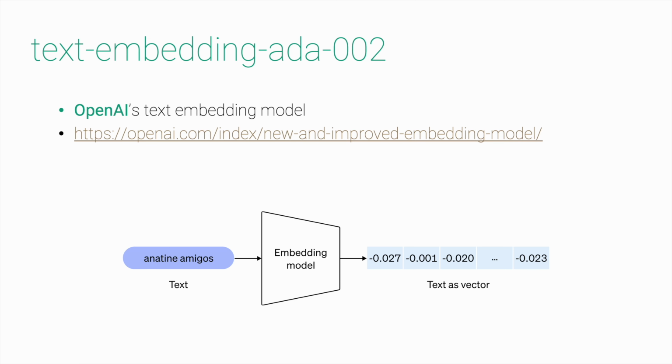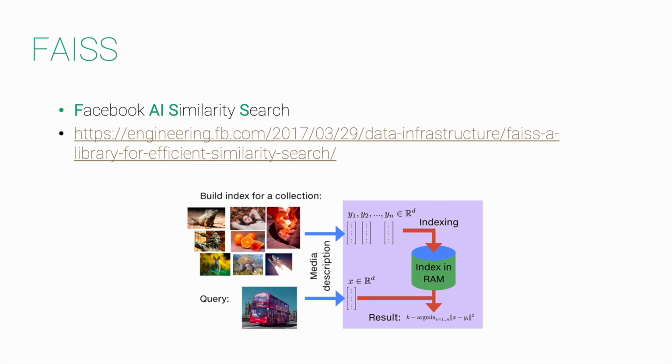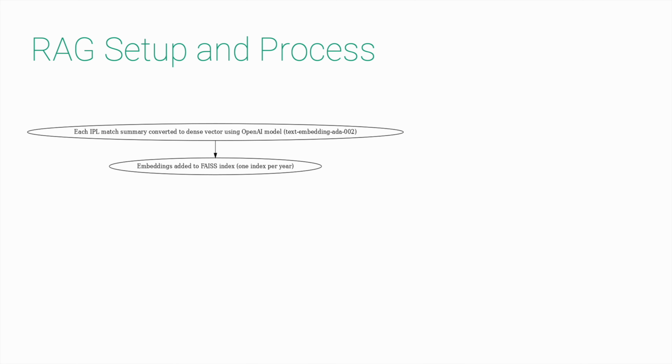This means that similarity searches become much easier and patterns that are otherwise unseen get seen in this model. The second one I used is FAISS, or Facebook AI Similarity Search, which uses indexing to quickly identify similarities between the query and the vector database.